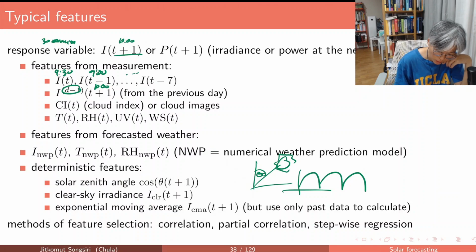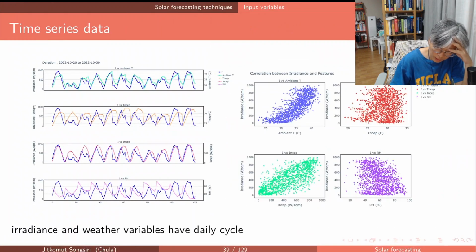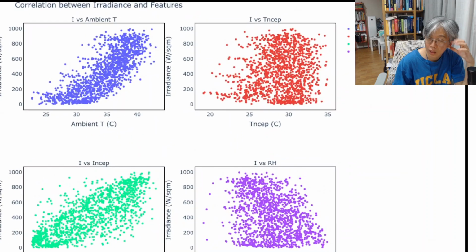Once you get the feature set, you may apply feature selection techniques by looking at the correlation, partial correlation, and stepwise regression as well. So these are examples in the graph.